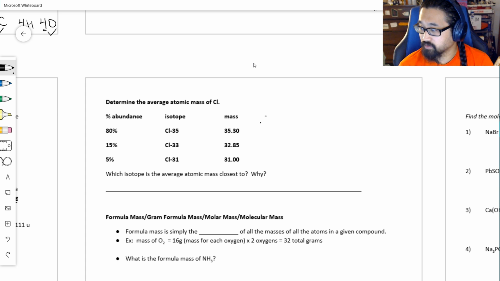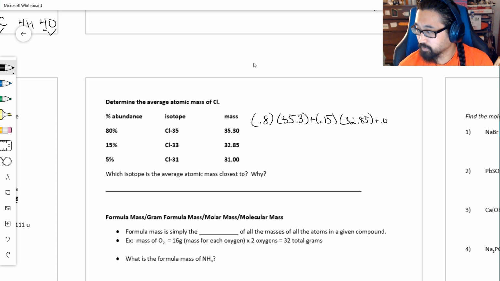So if I do this, I'm going to have 0.8 times 35.3 plus 0.15 times 32.85 plus 0.05 times 31. Remember, you take the decimal place and move it over 2 places to the left. When I do this, I get 34 point, I think it's 7.2.